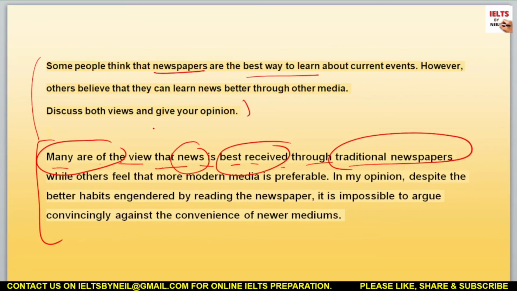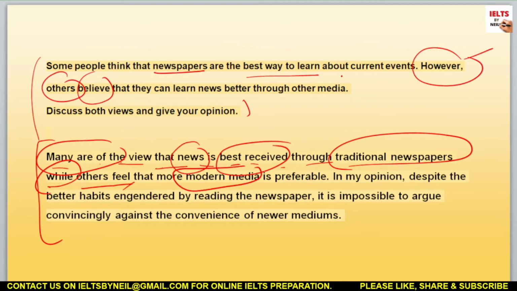While, however, this is replaced by while, others feel, others is the same, but believe, I've said feel, that more modern media is preferable. Modern media is the other source, through other media, is preferable, means people feel that it is better. Better means preferable, right?